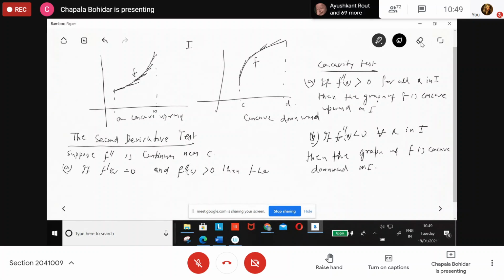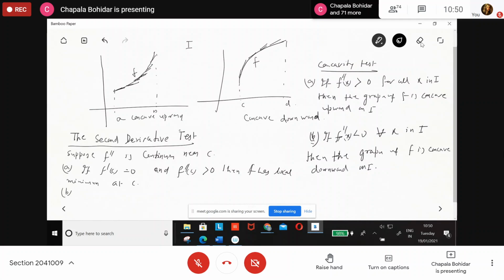Greater than 0, then f has a local minimum at C. You are saying it is the minimum value. Clear?